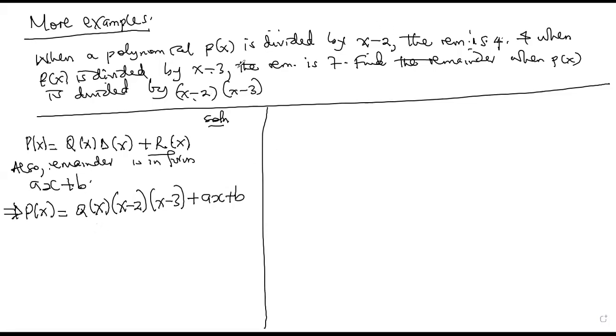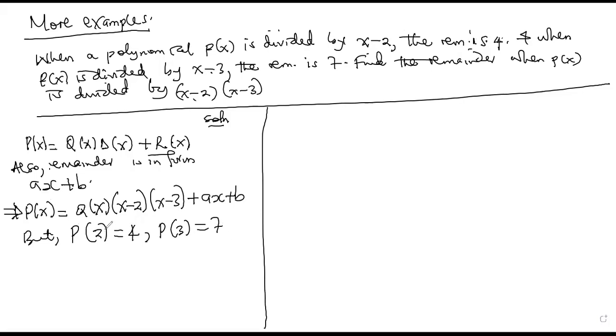They have said that when a polynomial is divided by X minus 2, the remainder is 4. But P of 2, because you equate this to 0 and you get X as 2, so P of 2 is equal to 4. And when you divide by X minus 3, P of 3 is 7.